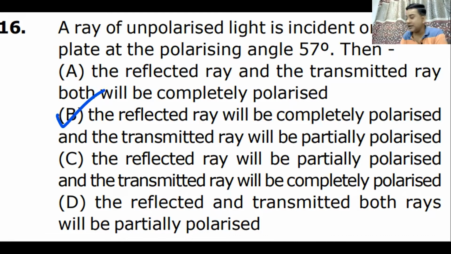And here we come to the end of this particular topic. We are done with polarization. We have seen what polarization is. We have seen what unpolarized light is. In unpolarized light, light is propagating in one direction and the electric field can oscillate in any direction perpendicular to it.